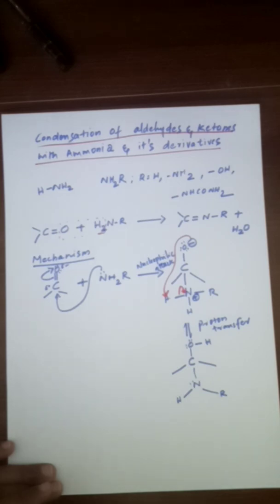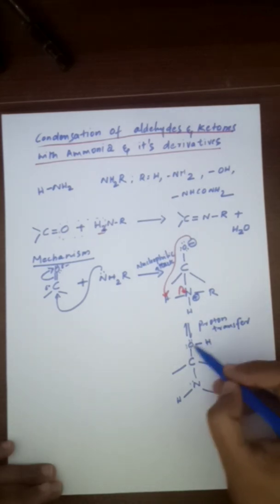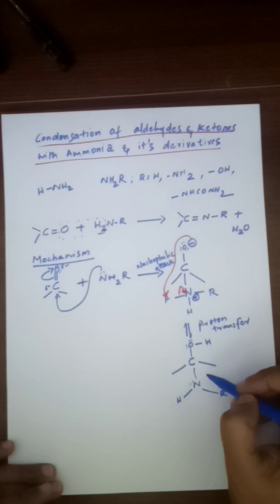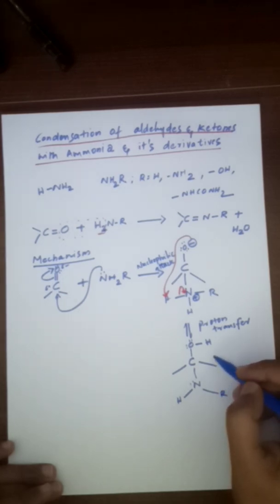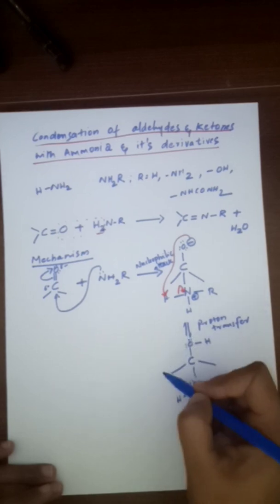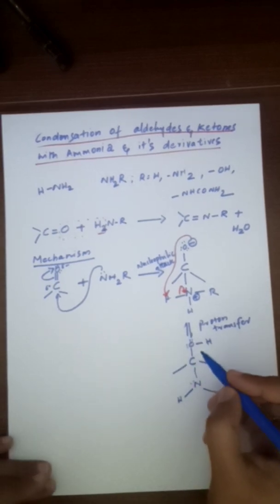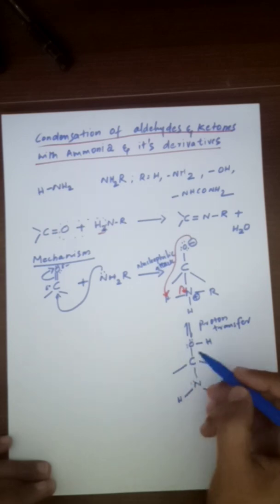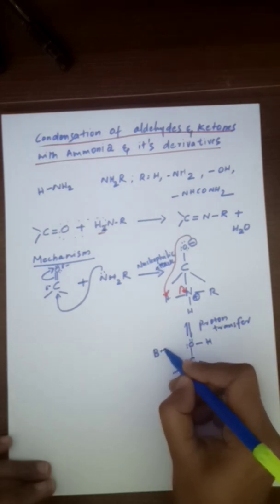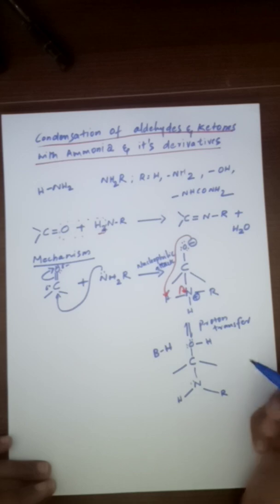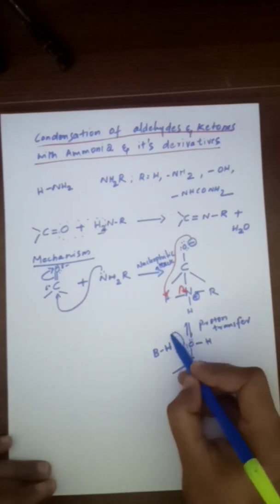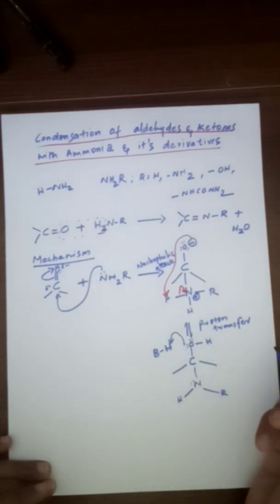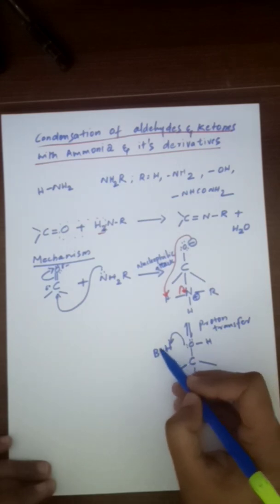This is a reversible reaction, and the product is not stable. So protonation will happen again. This reaction takes place in the presence of acid, so we have acid in the medium. Oxygen again will take up one proton.